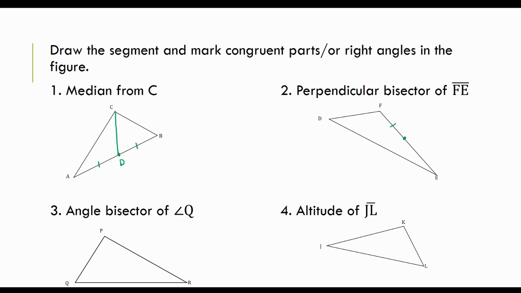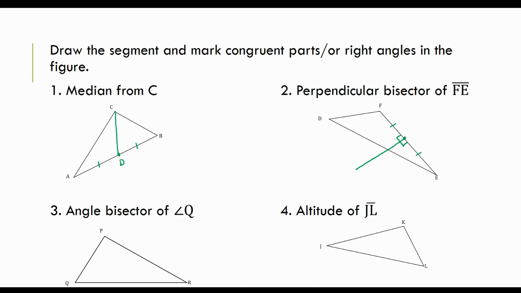You can call it whatever point you want, but I know that it's bisecting it, so it's dividing it into two congruent pieces. If I also have something perpendicular to the segment FE, I need to create a segment with right angles, and notice that this segment is not going to go anywhere near that other vertex of D. So here's my perpendicular bisector.